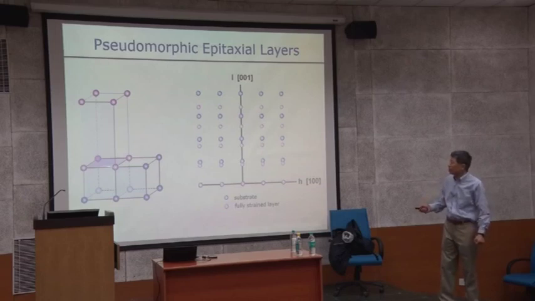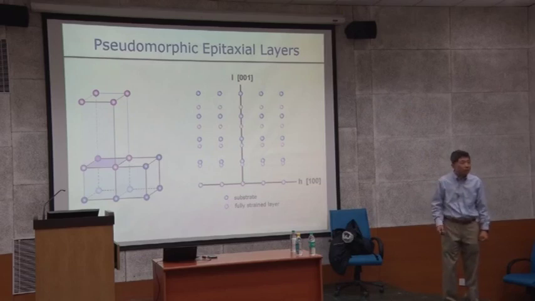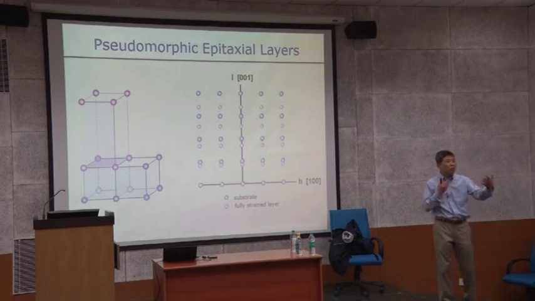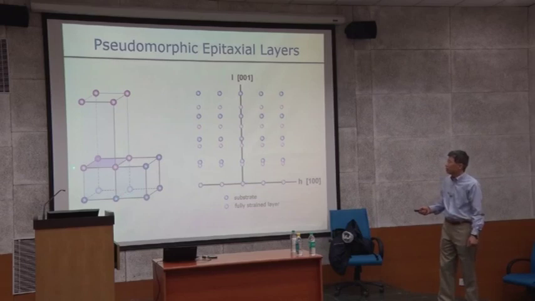So you describe this two-dimensional cut with H, which is this direction of the plane, and L, this direction of the plane. On this substrate we superimpose two different lattices. The substrate is cubic, and the cube lattice is shown in pink and this blue one, and you have this kind of square.